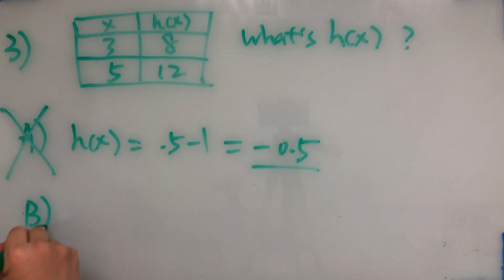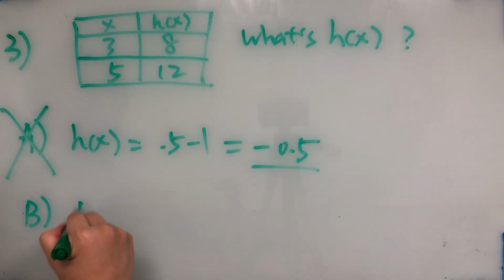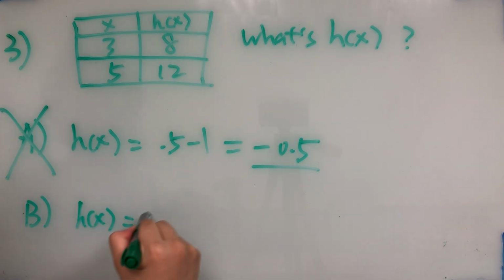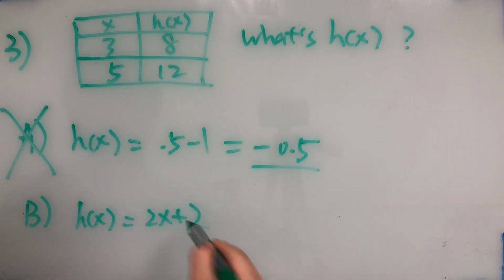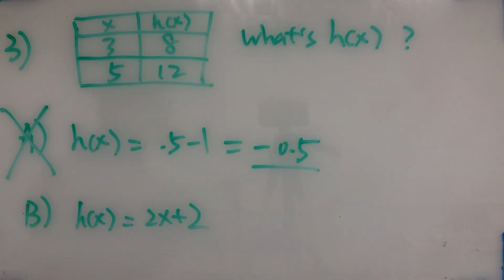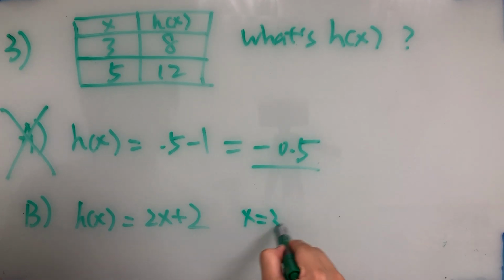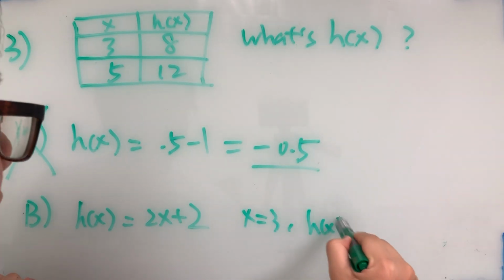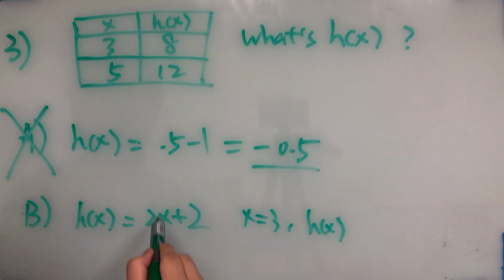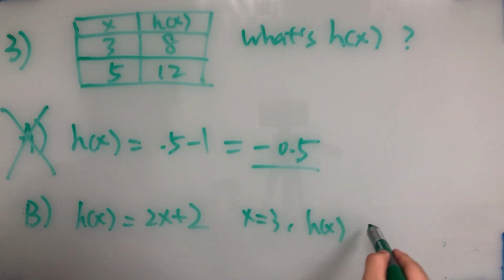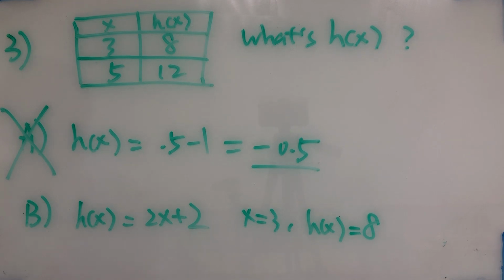And let's take a look at B. H of x equals 2x plus 2. Does that make sense? So let's take a look. Let's say when x is 3, h of x, according to this, would be 8. Oh, alright, this passed our first test.